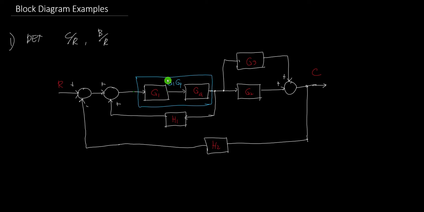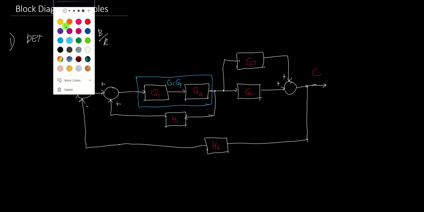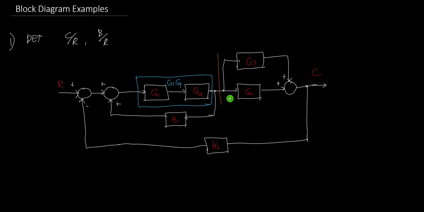Second step is to look for the parallel blocks. This is not a parallel block here, this is canonical form. But there is a parallel block somewhere here. So let's use another color. These are parallel blocks, G3 and G2.